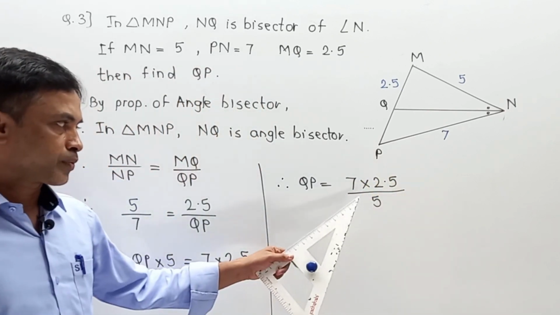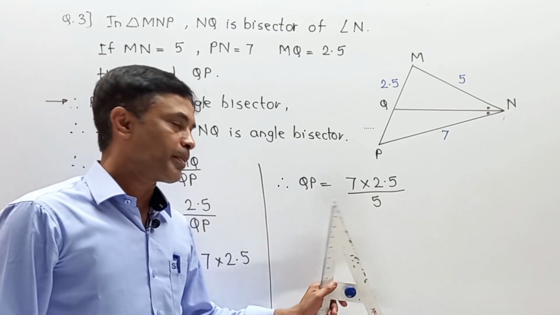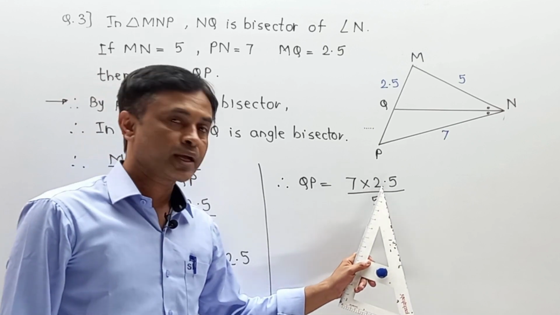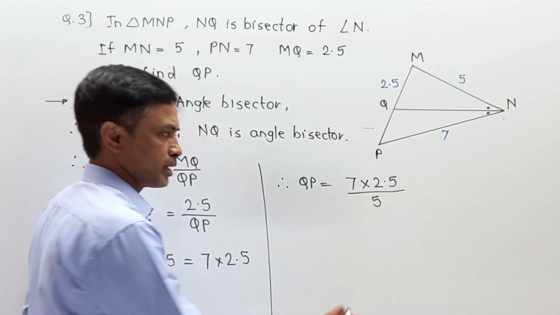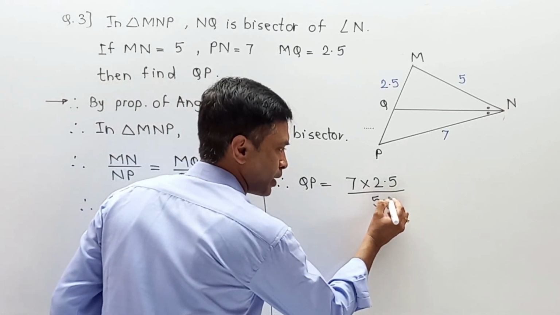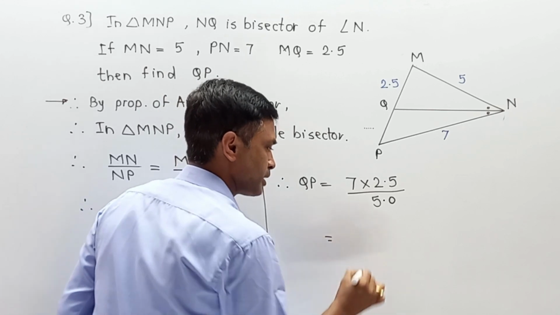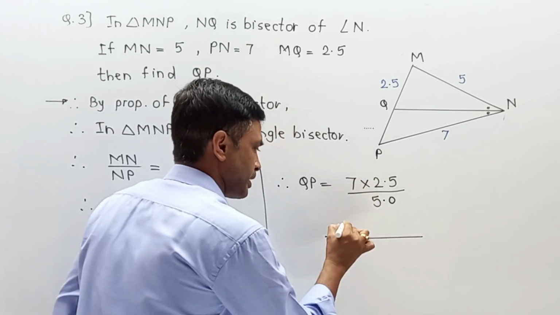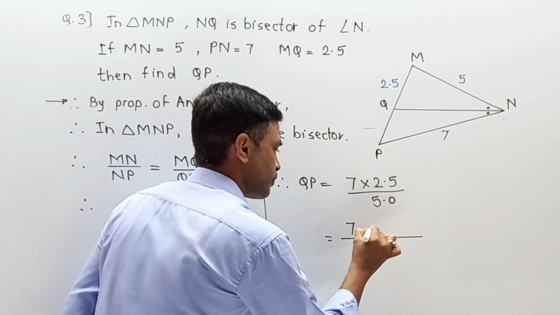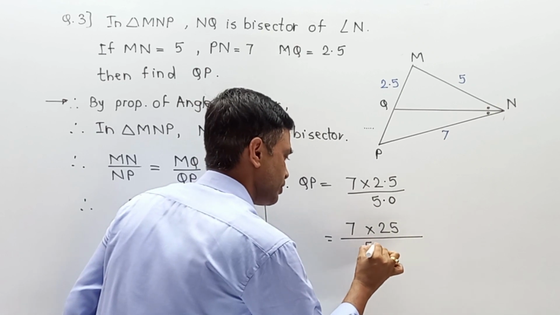Now from this step onward, mathematical calculation will be the most important part. Here your mathematical calculation should be clear. As I told you earlier, if you want to modify 2.5, you can write 5.0. What will be the benefit for simplification? Pay attention. 7 will remain as it is, 2.5 now becomes 25 and 5.0 simply becomes 50.